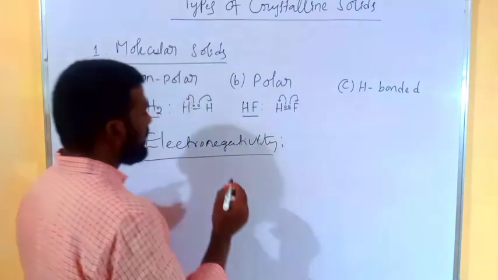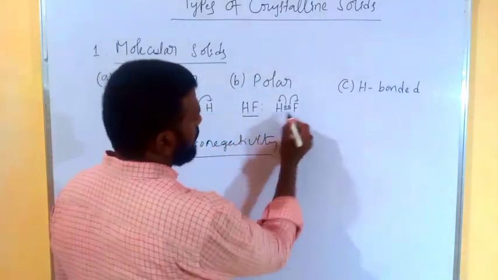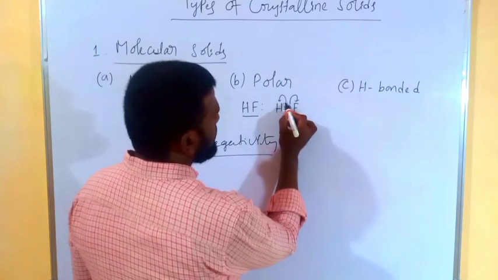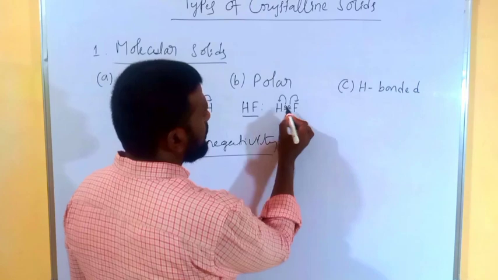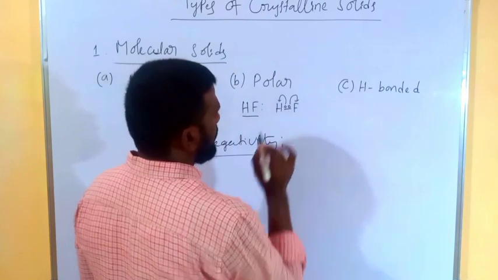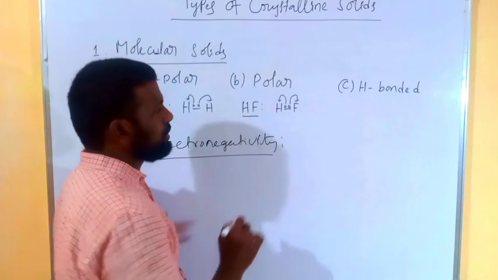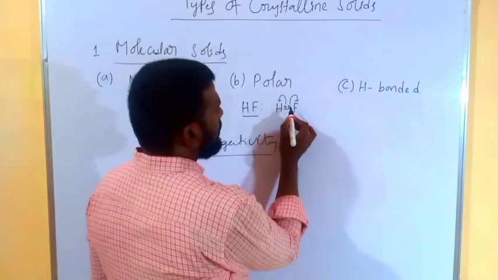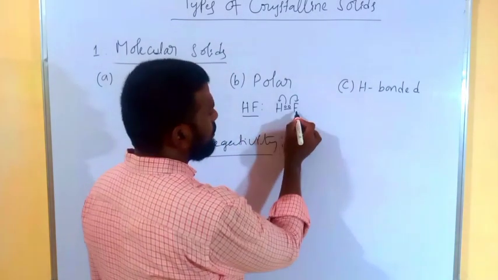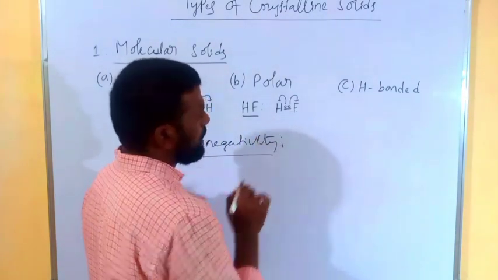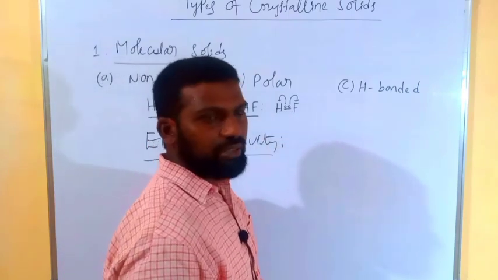Here let's first consider the hydrogen fluoride molecule. In the hydrogen fluoride molecule, this electron pair or bonded pair is shared mutually between hydrogen and fluorine. But when it is practically observed, this electron pair slightly moves towards fluorine due to the high electronegativity of fluorine. You know that fluorine is the element with the highest electronegativity.